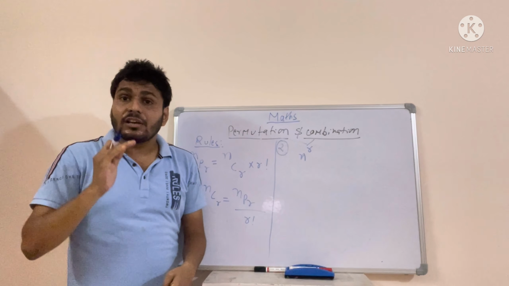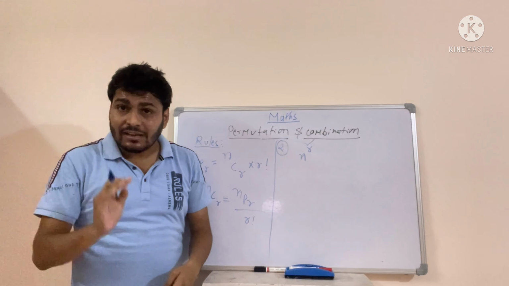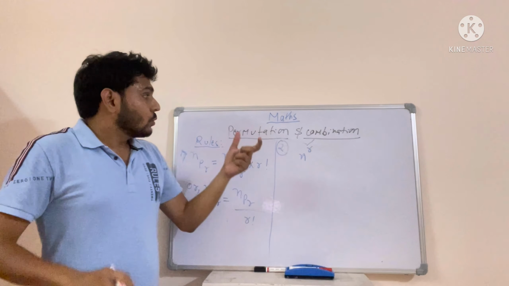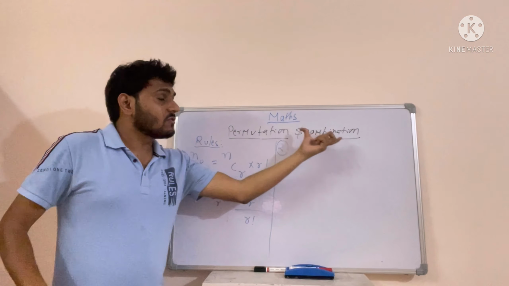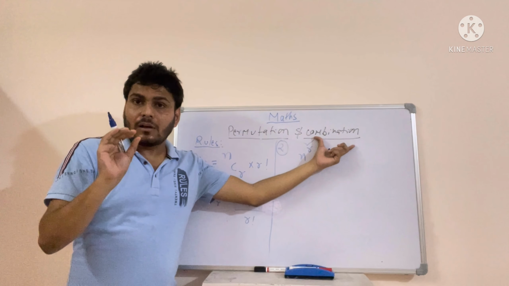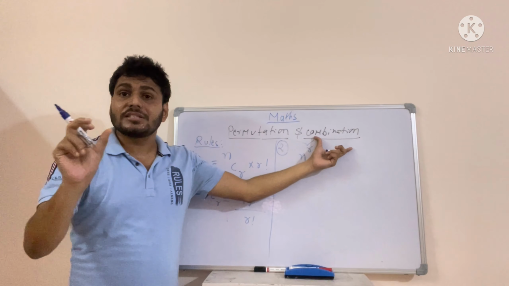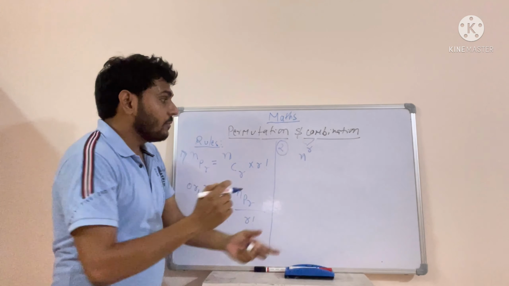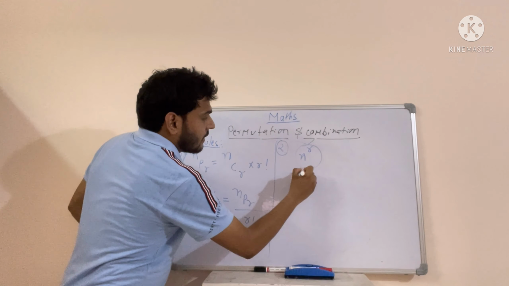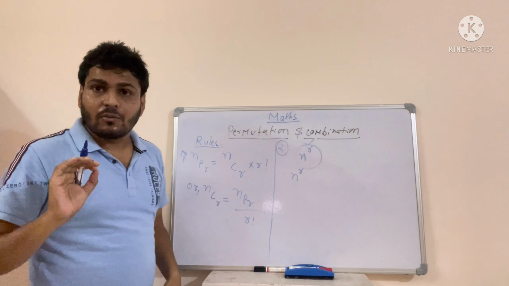When there is no repetition, this and this will work. If the sum says repetition is allowed, then the formula will be n to the power r. This is fine? Okay, very good.